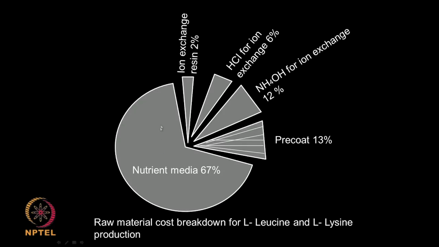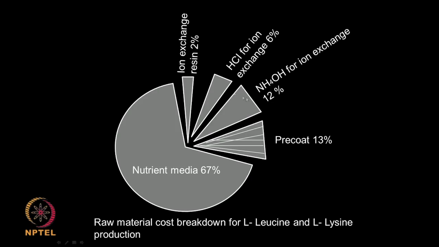Look at the raw material breakdown cost. If you look at the manufacture of leucine and lysine and the breakdown of raw material cost, 67% is due to nutrient media, about 2% is because of the ion exchange chromatography, okay. Then 12% is because again of ion exchange chromatography, and again you can see 6% is because of the ion exchange chromatography of various kinds.